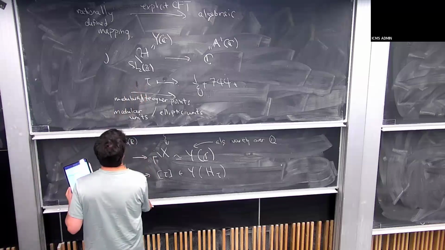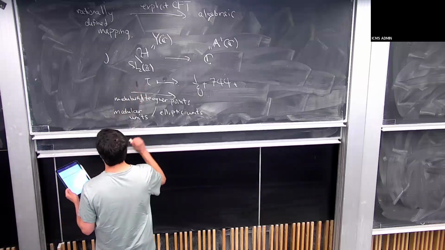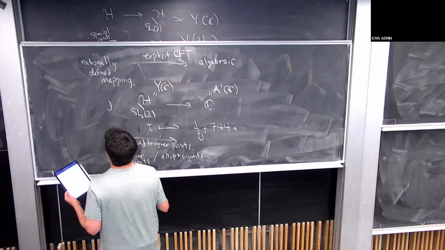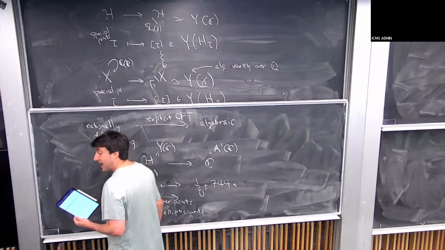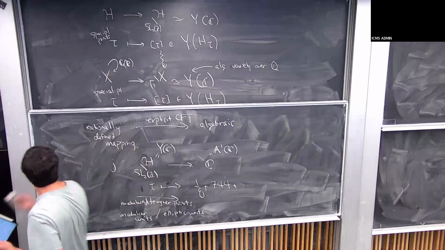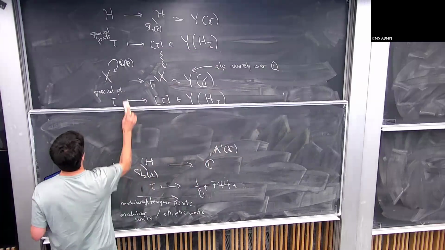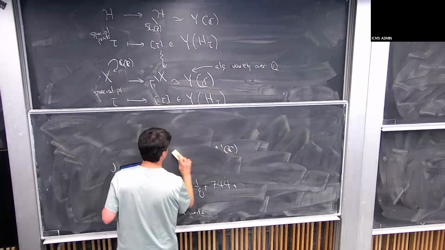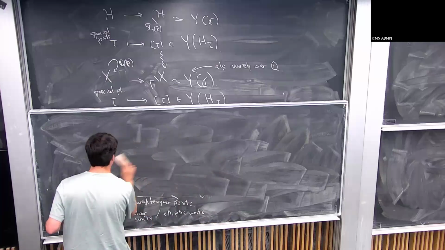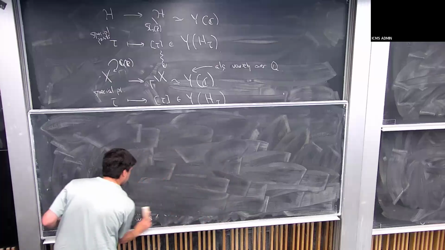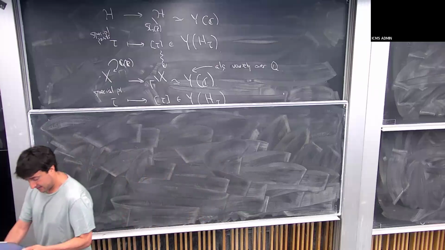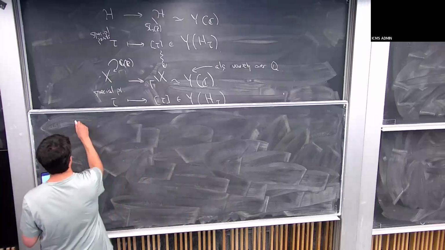So let me just write that down. So special points are points stabilized by the real points of maximal tori inside this group G. Special point.